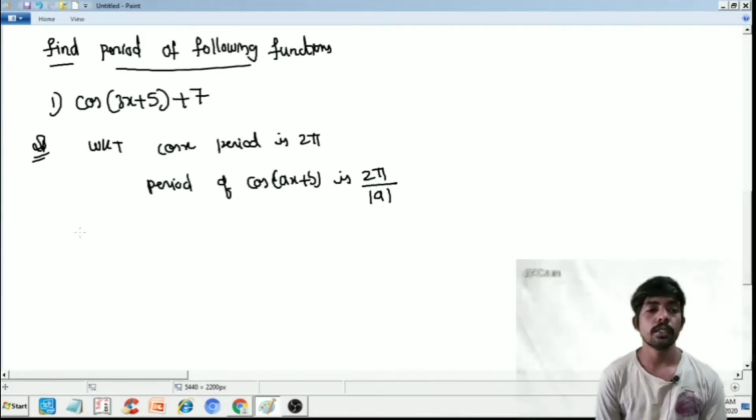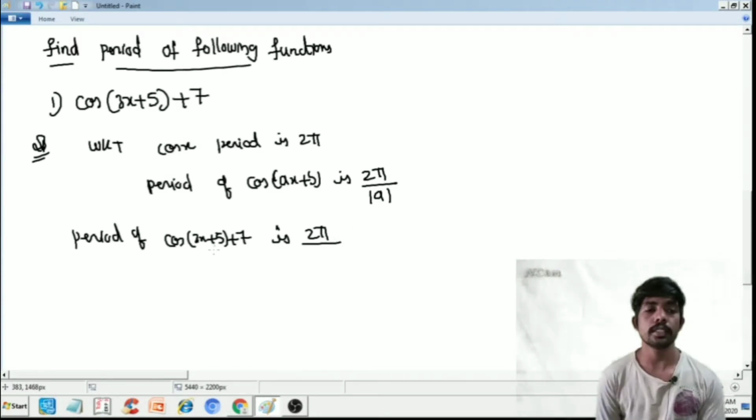From here, the period of cos of 3x plus 5 plus 7 is 2 pi by modulus a. Just consider the x coefficient. We have 3, hence this is the solution.